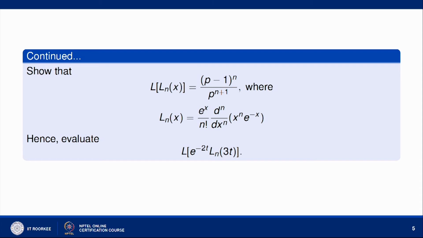So let us try to find out the Laplace transform of Ln(x). Then the rest of the part you can easily solve yourself, that is how you can find out the Laplace transform of e to the power 2 minus 2t Ln(3t) using the shifting or scaling property.